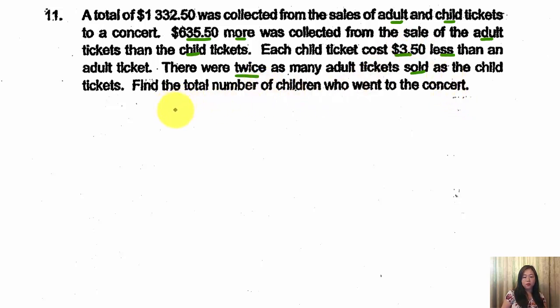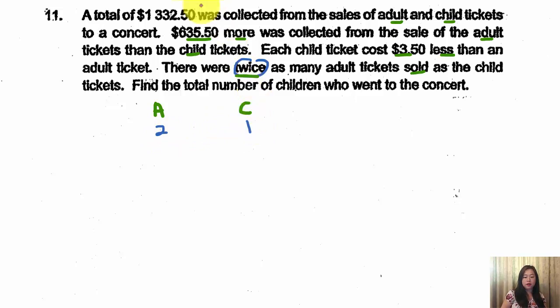So the first thing you may want to do is to create a table to help you understand more. So we have the adults and the children, and you can see that for every 2 adults, there was 1 child.